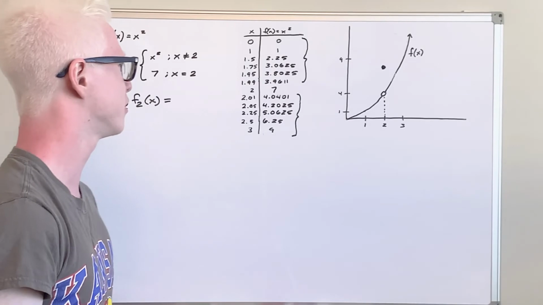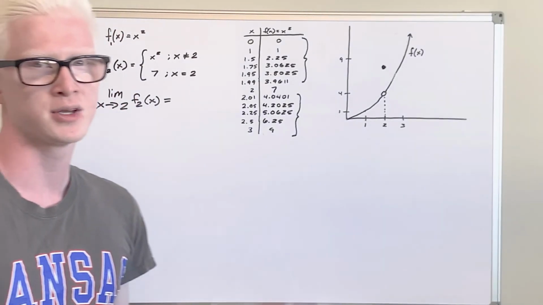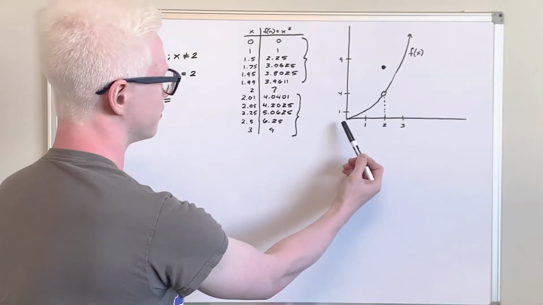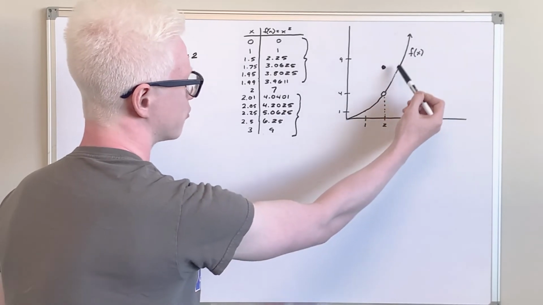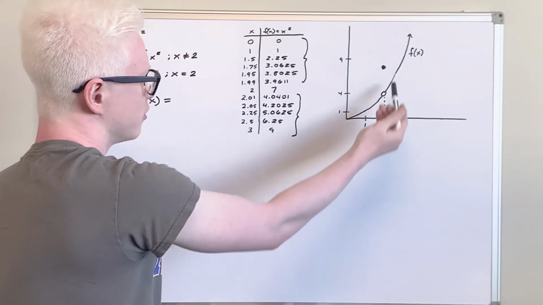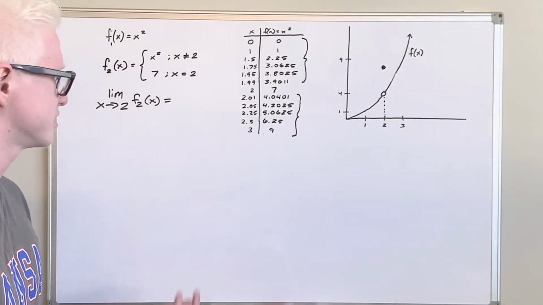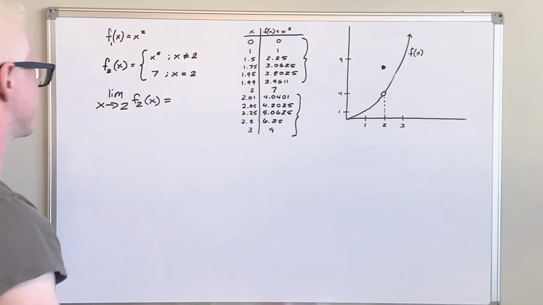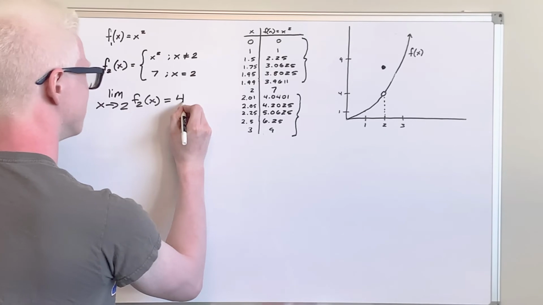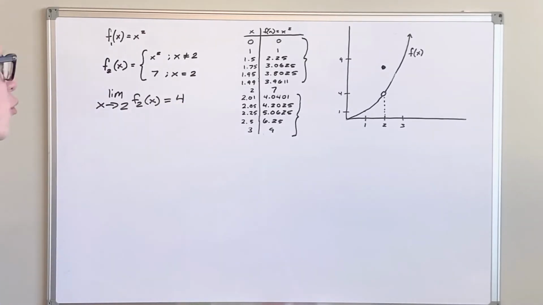So this is where the limit comes in handy, because we also see graphically here that it does approach 4, right? We just are saying, well, it's not defined the way we think it is at x is equal to 2. Now we're saying it's 7. So in this case, the limit is still equal to 4.